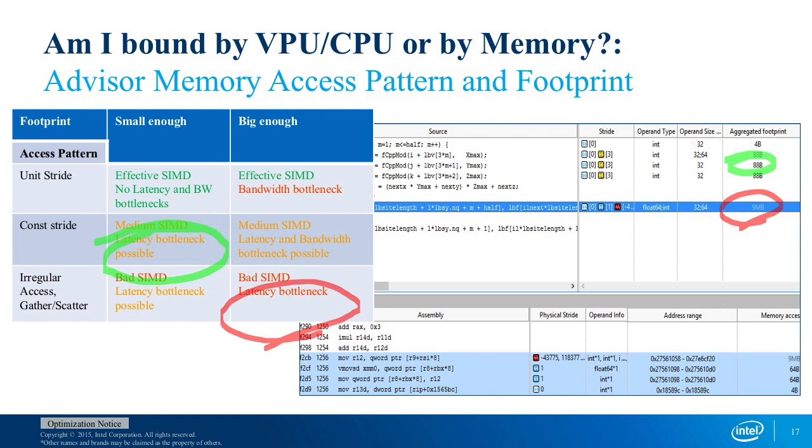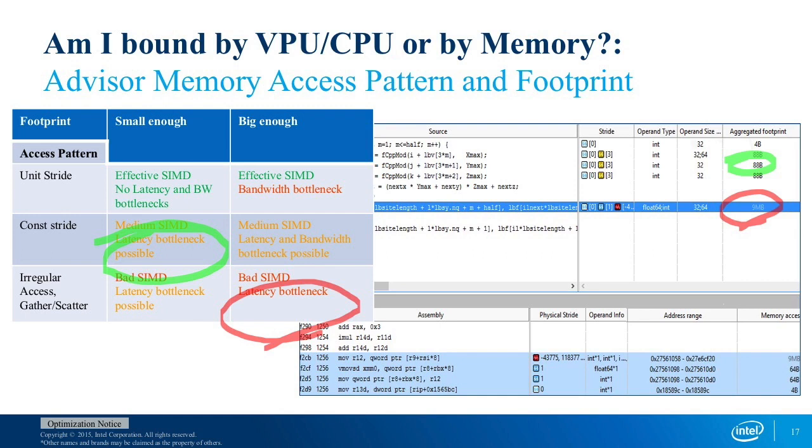Constant stride, you might have latency bottlenecks. Medium SIMD, you have latency and bandwidth bottlenecks, probably. And the worst is the irregular access. Then you have a bad SIMD with gathers and scatters, I would say, with possible latency bottlenecks.